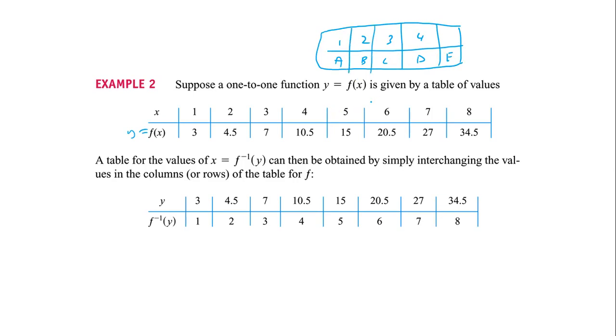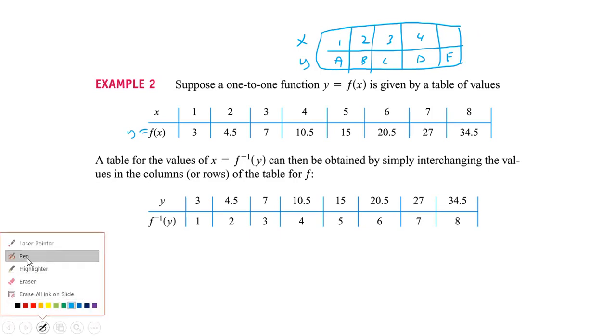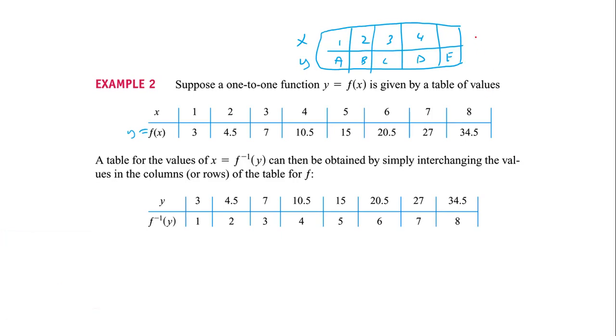Now, if this is my X values and this is my Y values, similar to these tables, can I change these where I'll put X, let me change the color, where I'm gonna make this as Y and this as X?